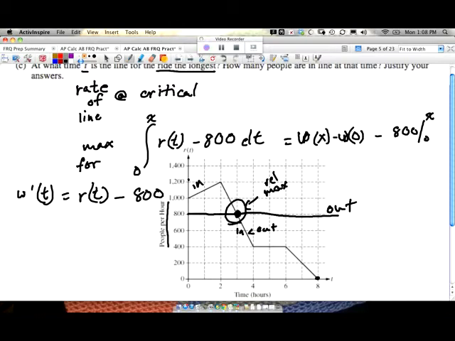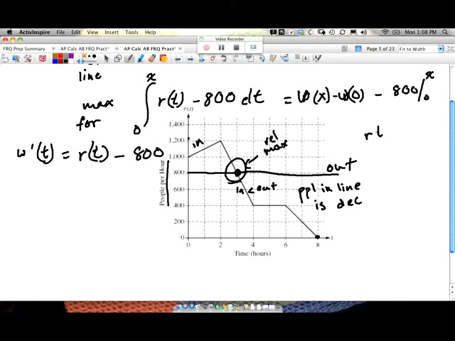I am going to guess that this is the point at which there's the most people waiting in line, because after it, the number of people in line is decreasing constantly, the rest of the time. And this says how many people are in line at that time.